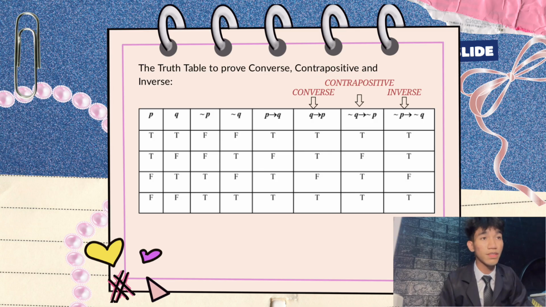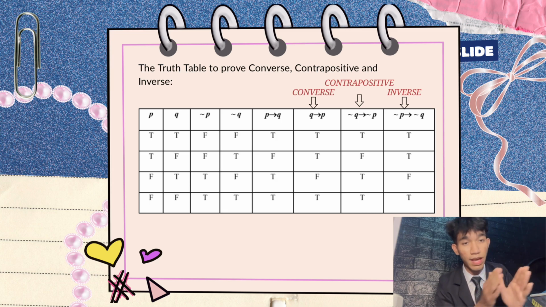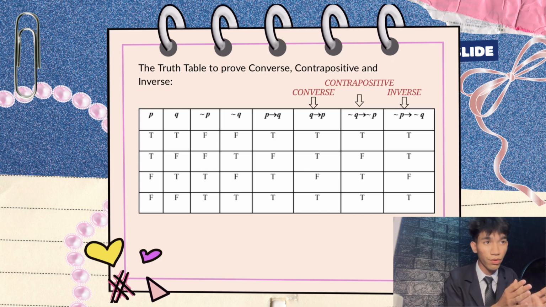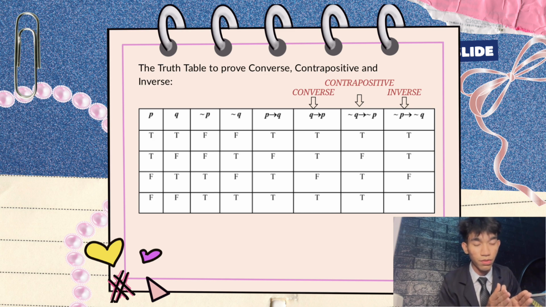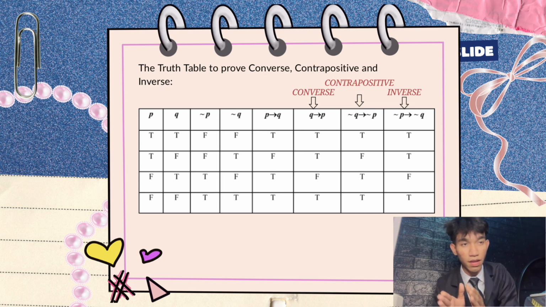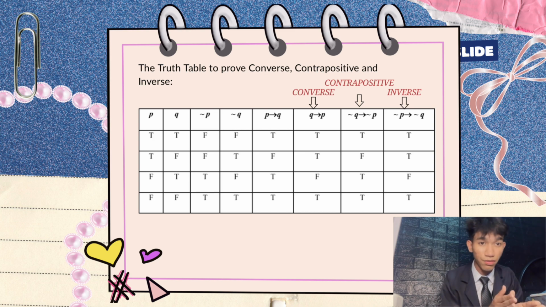So here you can see the truth table to prove converse, contrapositive, and inverse. P and Q are statements, while negation P and negation Q are not P and not Q. And P implies Q, just like what I said, if she is hungry then she eats.